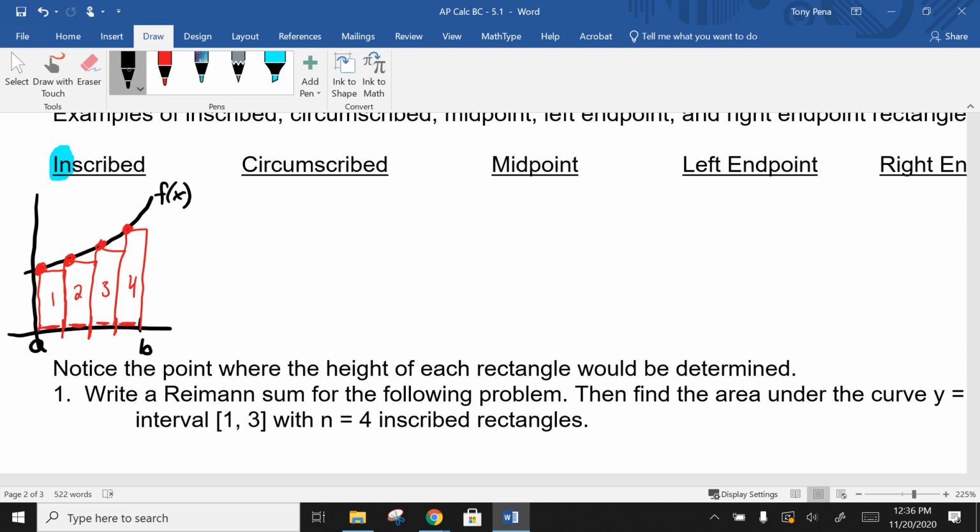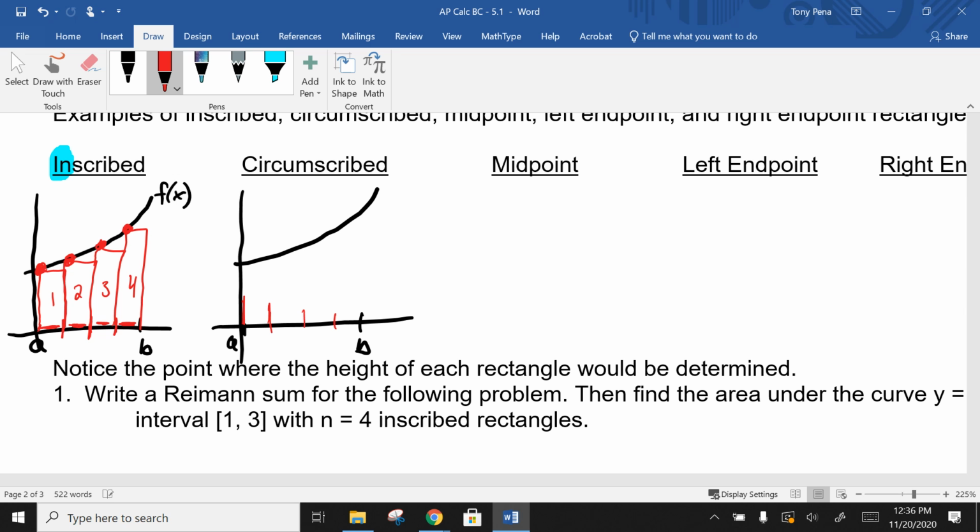So those are inscribed. For circumscribed, start out the same way. Not every graph's going to look like this, but just so we can compare. Draw in what's pretty much the same thing. We'll put B here again and then A here. Cut those intervals in half and then cut each of those in half further.